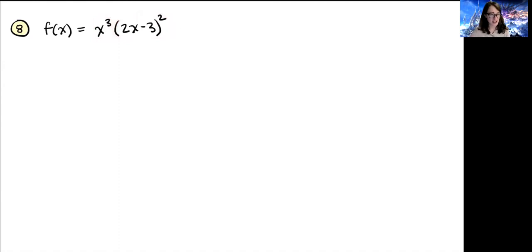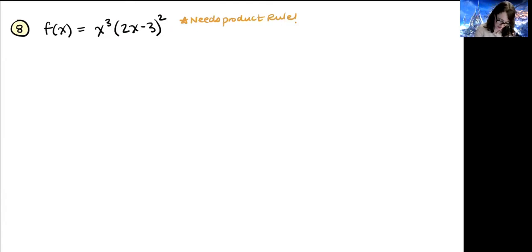So let's just start with what we have first. So this is going to need the product rule. So flip back in your notes, or I'll share with you, I'll remind you what the product rule says.